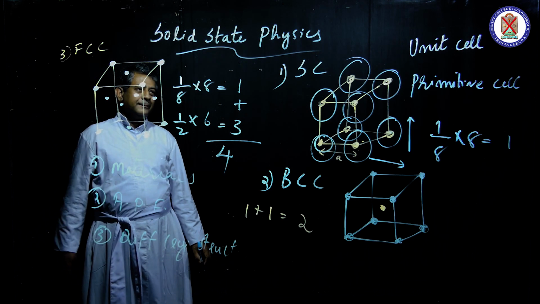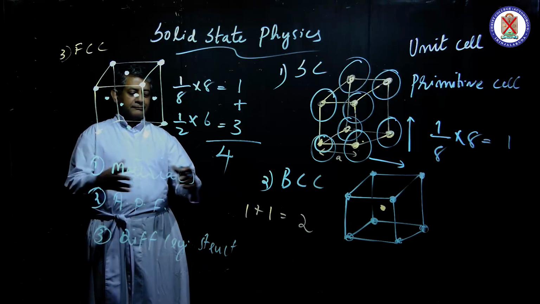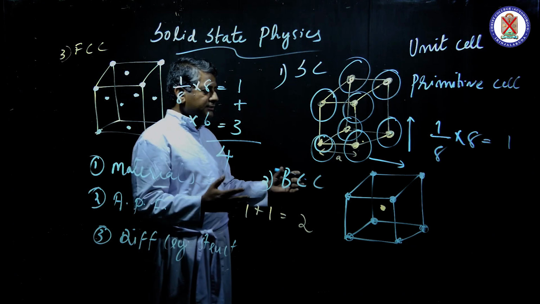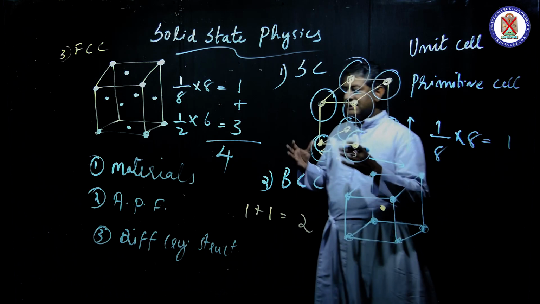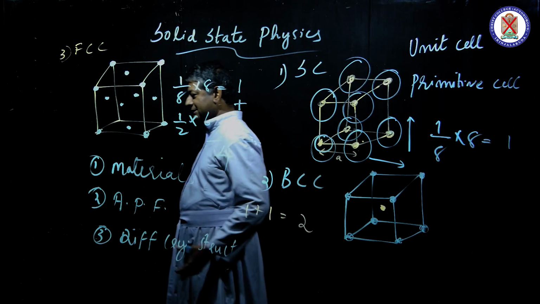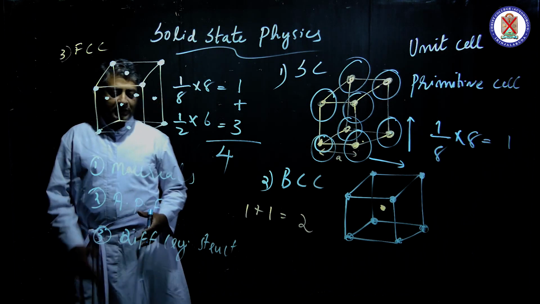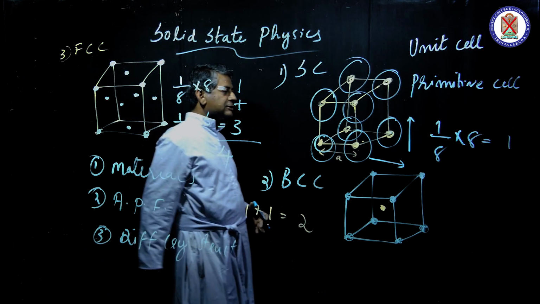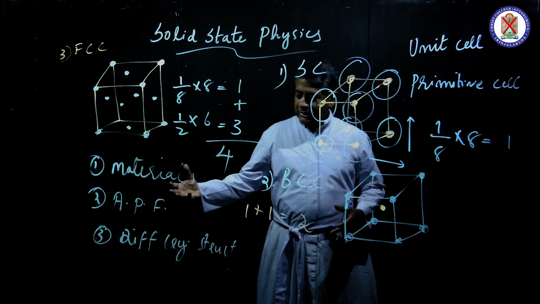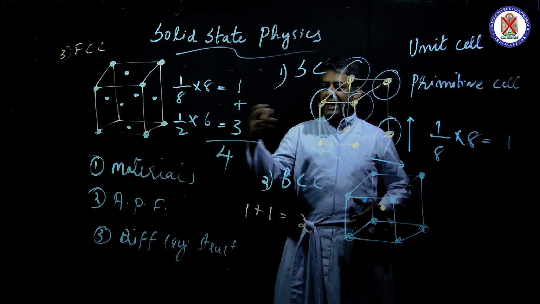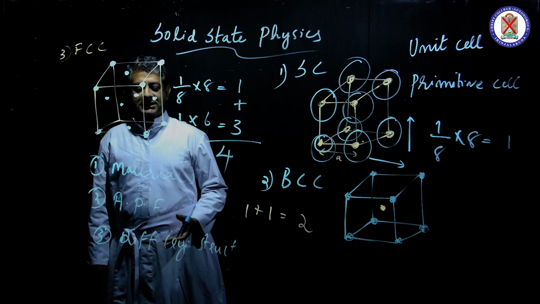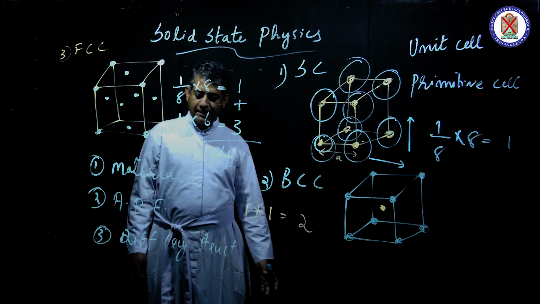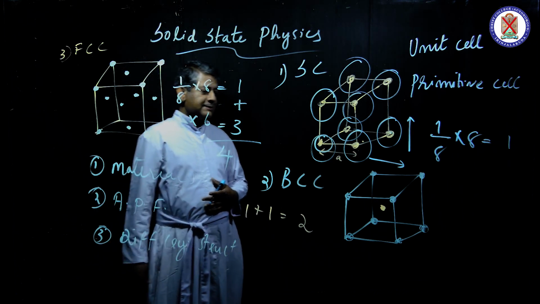We can find there are basically 14 different types of Bravais lattices which form 7 crystal structures. So as an assignment, you can study about these different types of crystal structures, the unique ways in which you can arrange the crystals. That is what I mean by different types of crystal structures.